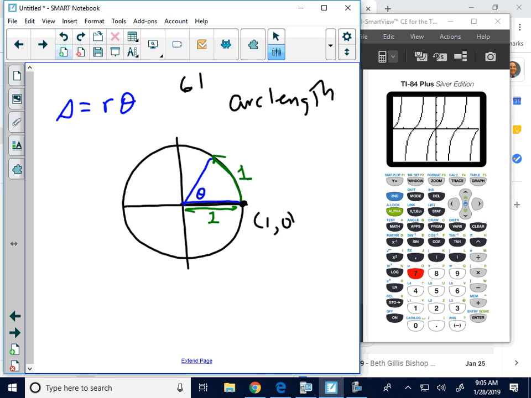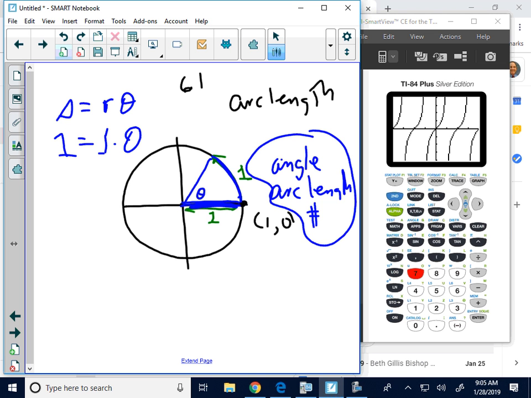It should be obvious, right? 1. The arc length is 1, that's this. The radius is 1, that's this. So theta is 1. So this is 1 radian. You can think angle, you can think arc length, or you can just think number. All of those are good thoughts when you're talking about the tangent of theta or the tangent of x.